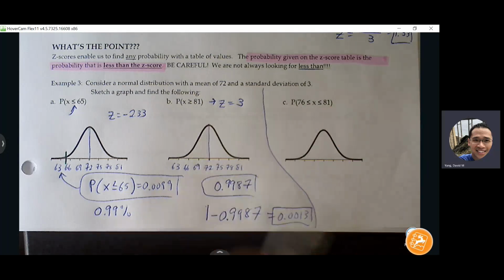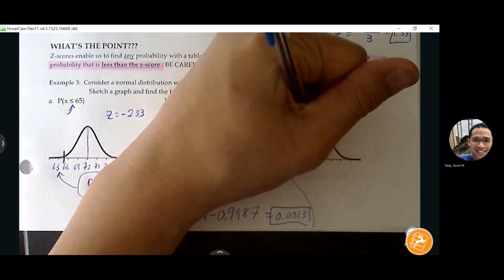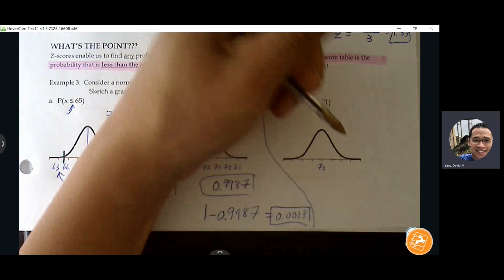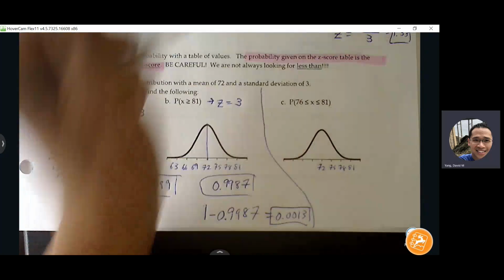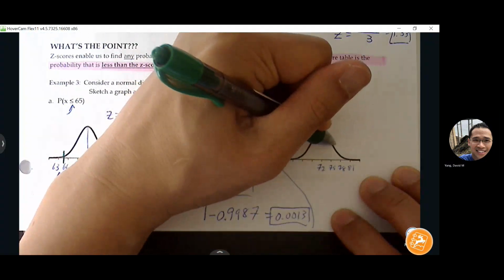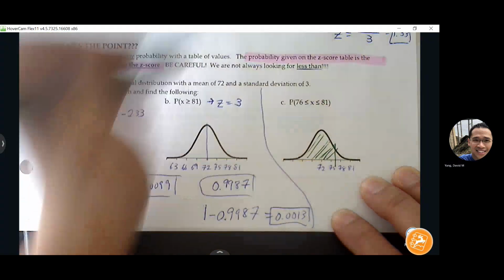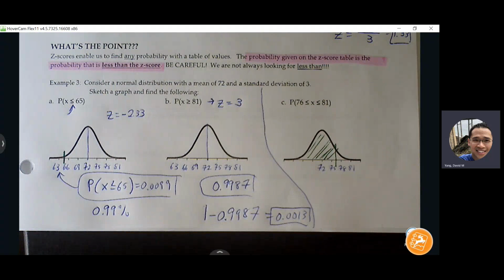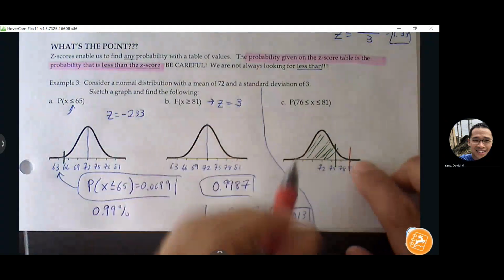Let me show the information again: 72, 75, 78, 81. So 76 is going to give us everything to the left of that line, and 81 is going to give us everything to the left of that line.